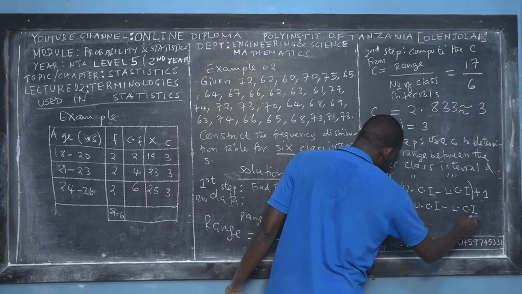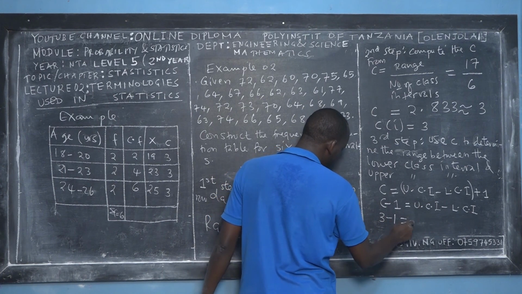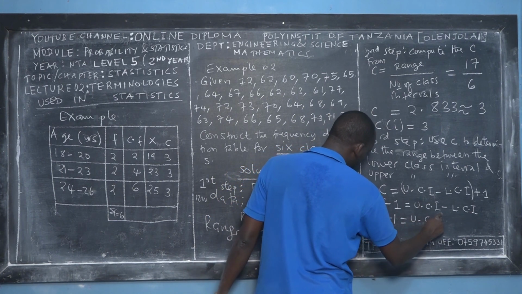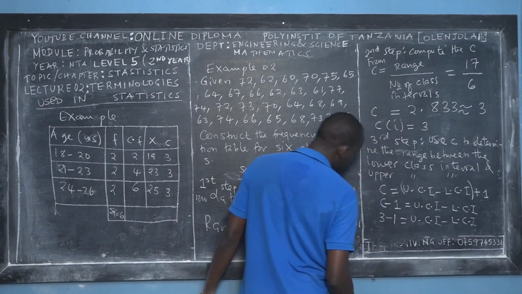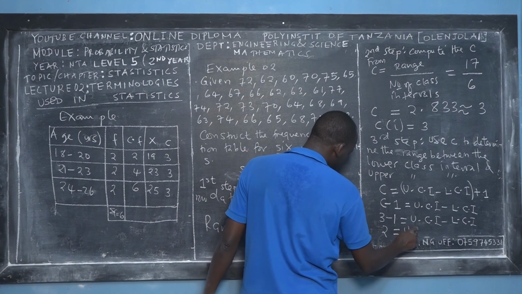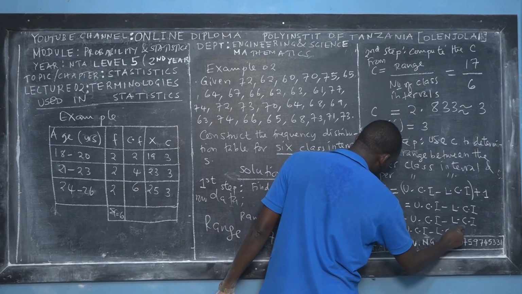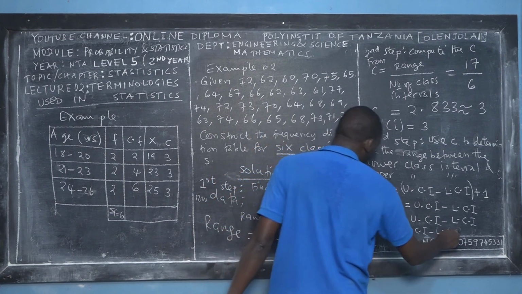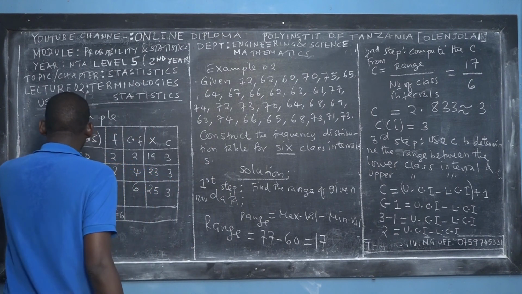The class size is 3, so 3 minus 1 is 2. So the upper class interval minus the lower class interval is 2. So the range of the class interval is 2.